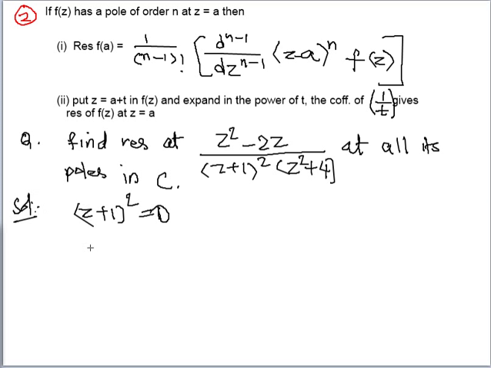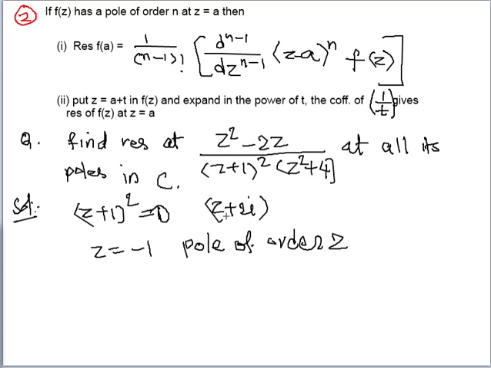Because the power is 2, it repeats 2 times. Next, z square plus 4, we can write as (z plus 2 iota)(z minus 2 iota), similar to our previous question. So we have two simple poles, one is z equal to plus 2 iota, another is minus 2 iota. So we have poles of order 1, or we can say simple poles. Clear?